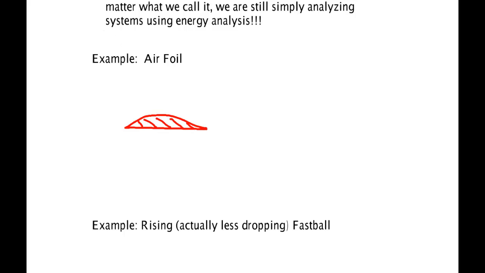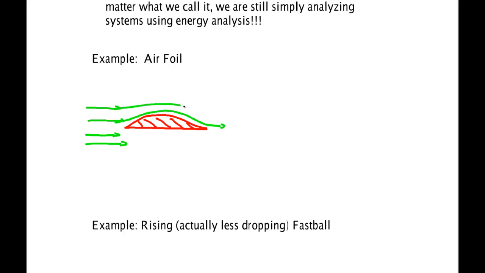Furthermore, airplanes like to fly into the wind, which seems kind of strange. But from the frame of reference of the airplane, the wind is what's moving and the airplane is stationary. This wind goes up and over.